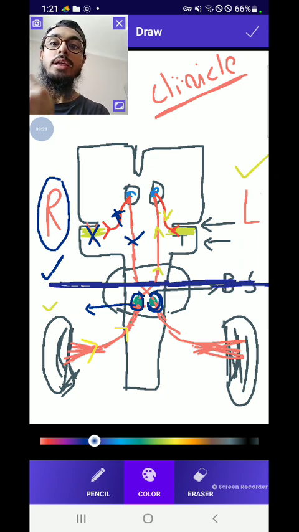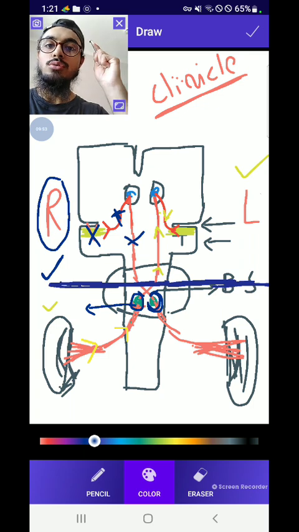Normally I understand the localization of voice: whether the voice comes from the right side or the left side, whether the voice is high pitch or low pitch, what type of voice it is. So if there is damage to the primary auditory cortex, either right or left, the opposite ear is affected.